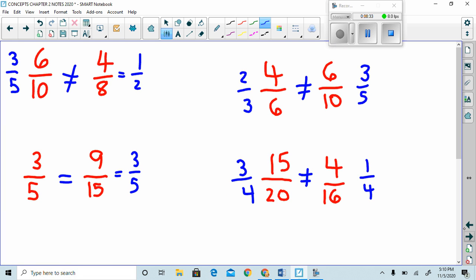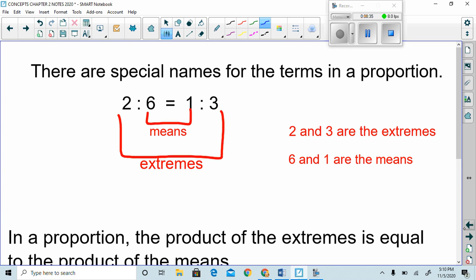More often, we use cross multiplication. There are special names for the terms in a proportion. The outside two terms are called the extremes, and the inside two are called the means. And these are written as ratios, as fractions. It's a 2 to 6 ratio, and 2 to 6 as 1 to 3.